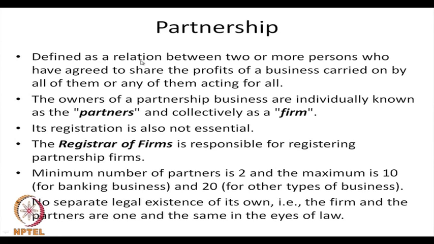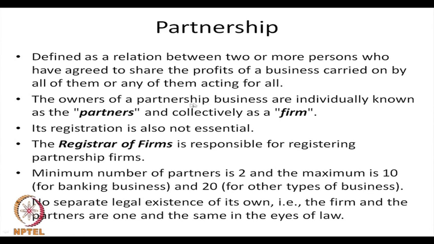It is basically an agreement among two or more persons, and not all of them may be involved actively in running the business. On their behalf, a few, one or more may carry on the normal activities.